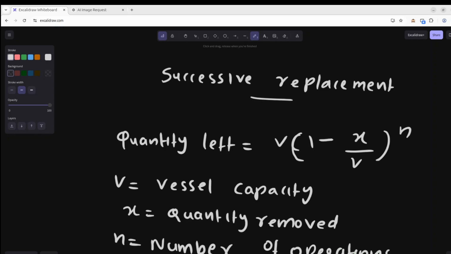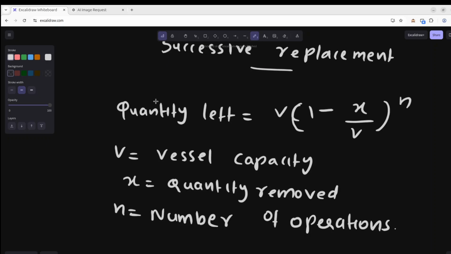That means how many times this removal process is performed. So this is the formula for successive replacement. Quantity left equal to V into 1 minus x by V raised to n, where V is the vessel capacity, that means how much quantity the vessel can contain. Then the quantity removed, that is x, and n equal to number of operations.